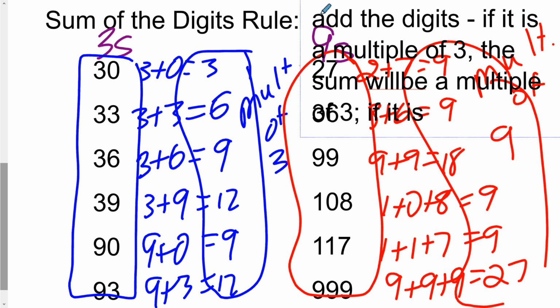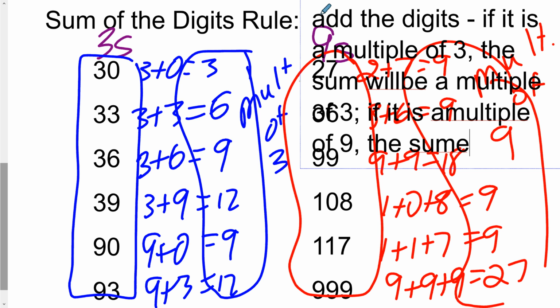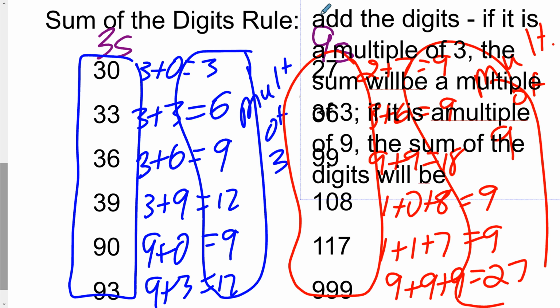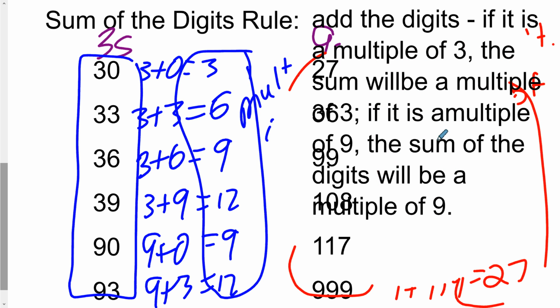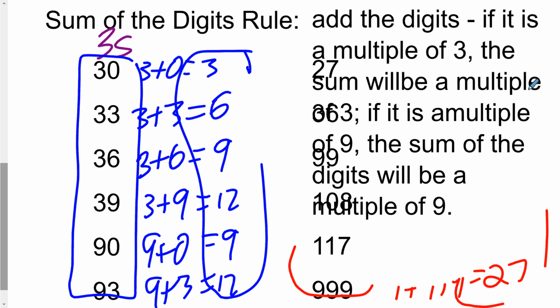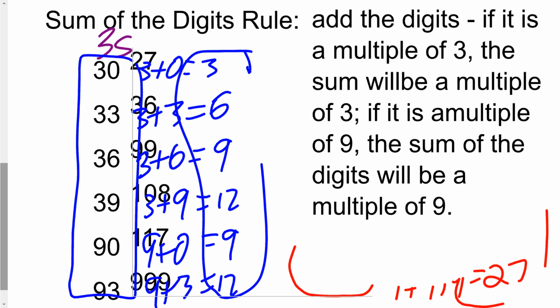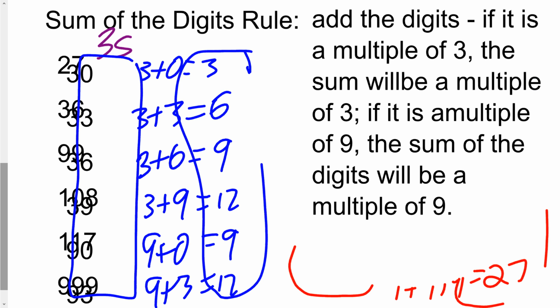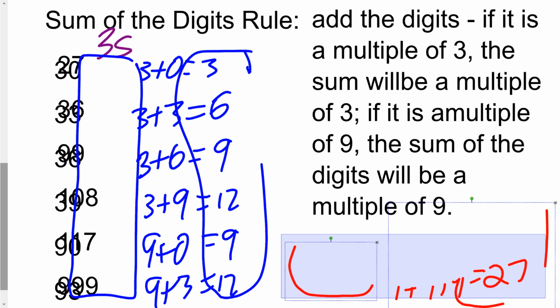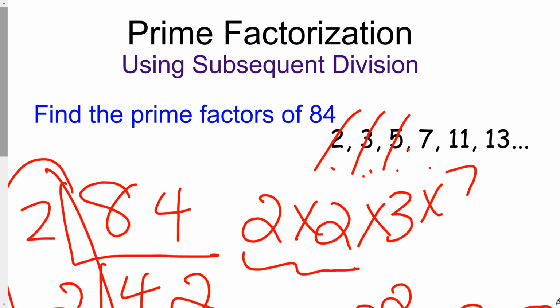If it is a multiple of 9, the sum of the digits will be a multiple of 9. Let me just make that a little easier for you to see. Okay, so there you are. That's showing us how to do that part of the divisibility.